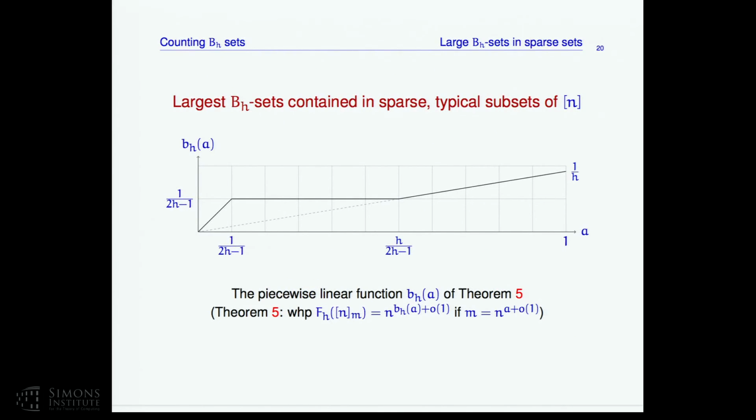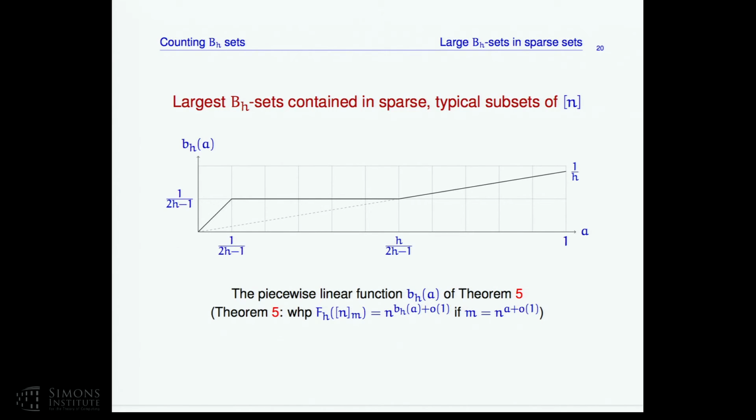So let me say it using the graph. We have a random set of n to the a elements. In this graph, it would be kind of the diagonal, right? Your random set just goes up as a increases. And the size of the largest B_h set inside it goes along with the diagonal, with the size of the set, up to this critical power of n, n to the 1 over 2h minus 1.